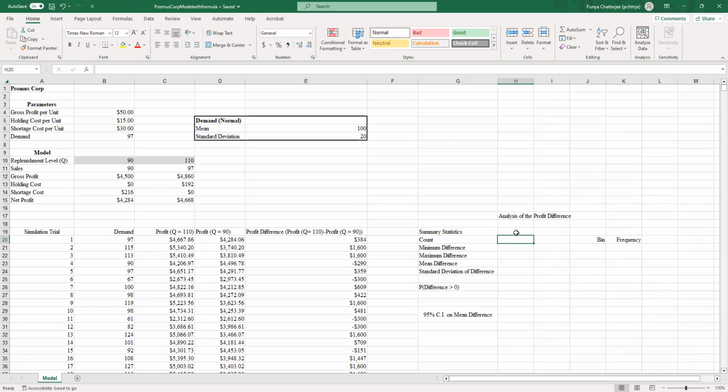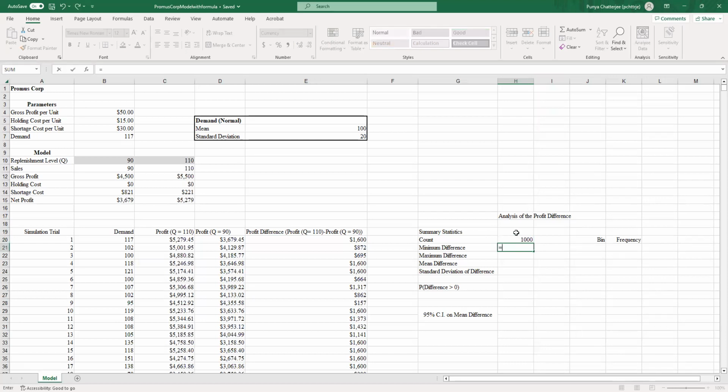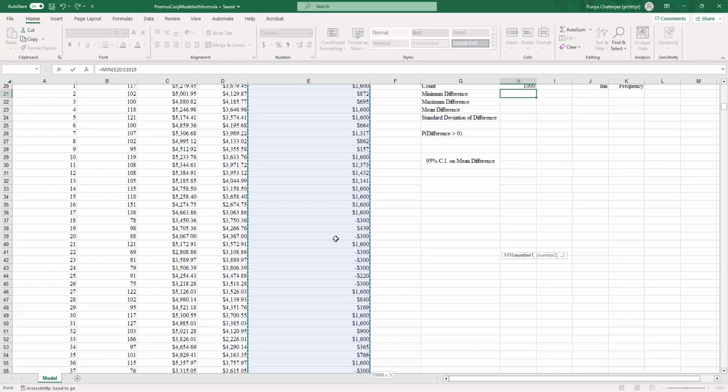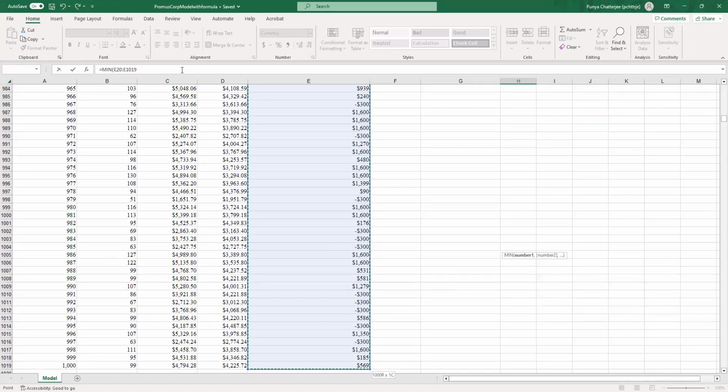So the first thing in summary statistics that we're doing is the count. The count basically means how many times you did your simulation, right? In this case, we did 1000, so I'm going to write the number 1000. What is the minimum difference? I'm just going to use the MIN function on the profit difference, because we are analyzing the profit difference, right? So Control Shift and down, or Command Shift and down.